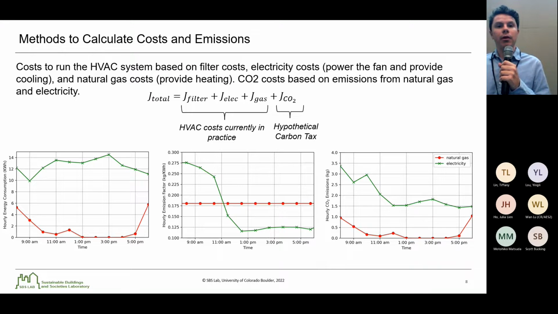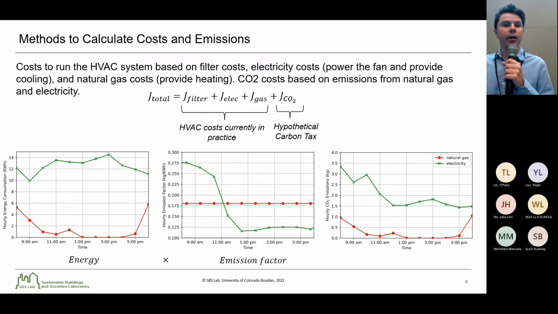And then in order to calculate CO2 emissions, we first determine the energy consumption during the day for both electricity energy consumption and natural gas energy consumption. So this is a day where some heating is required, and so we see the heating natural gas energy change during the day, as well as the electricity to power the fan change during the day. We multiply the energy consumption by the emission factor that is associated with electricity as well as natural gas.